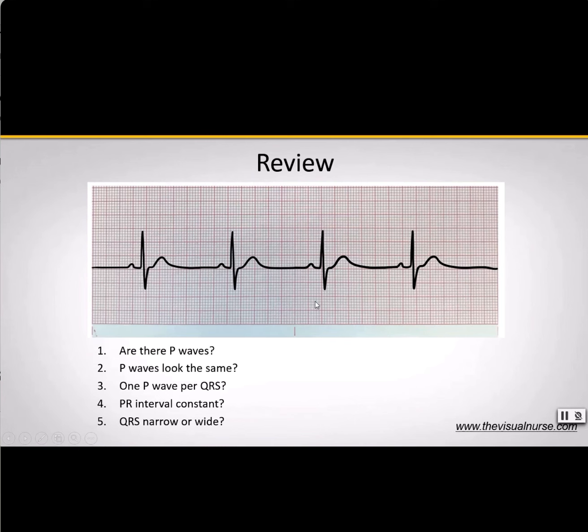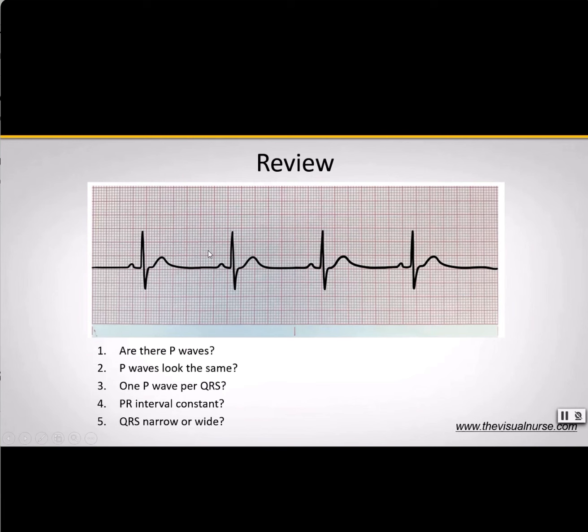Okay, so we'll go ahead and work through RP and Q times 2 stat. What's the rate? I see an atrial and ventricular rate of 1, 2, 3, 4 times 10. So you have a heart rate of 40 beats per minute: 40 beats per minute atrial, 40 beats per minute ventricular. Is the rhythm regular or irregular?